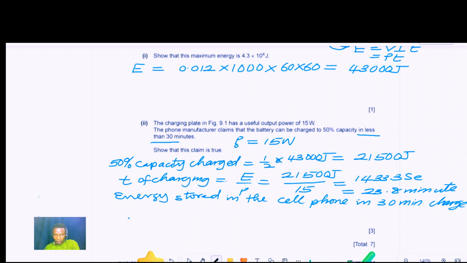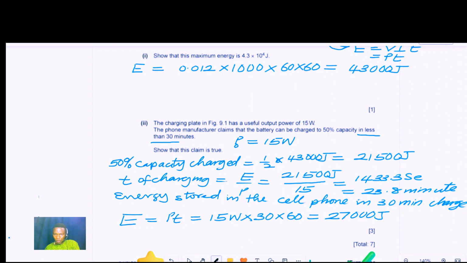The energy stored is going to be power times time, PT. The power is 15 watts times 30 minutes, so multiply by 60. That gives 27,000 joules.